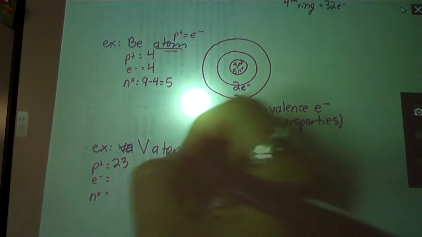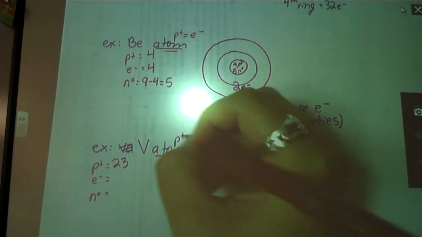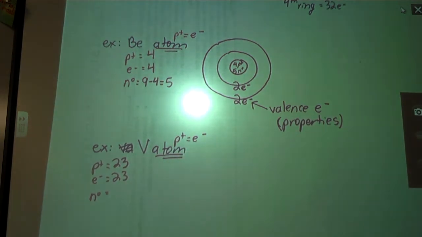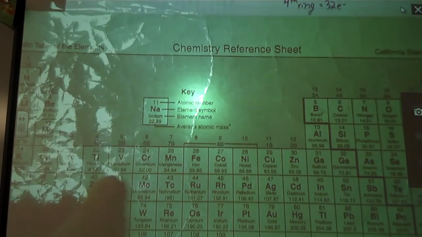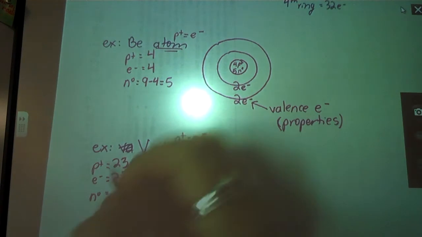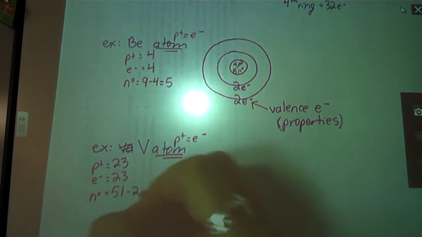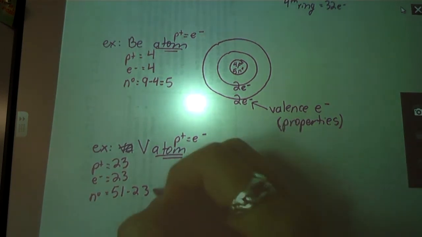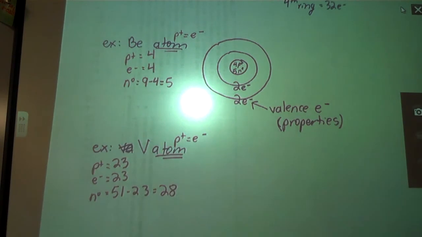Since it is a vanadium atom, protons equal electrons. So I have 23 electrons. All that remains is my neutrons. Mass number is 51. 51 minus 23 is what, 18? No, 28. 28. Look at that, I did it in my head.